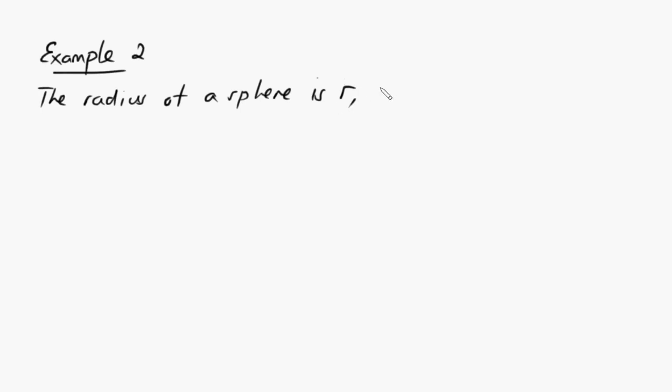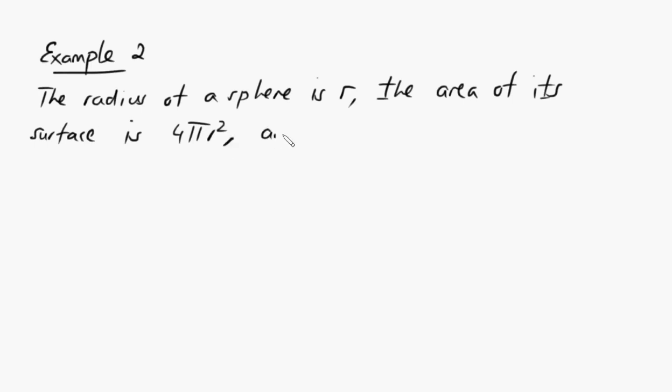The area of its surface is 4 pi r squared, and its volume is, this is a sphere now, not a cone. The one we have just done is a cone. It's 4 over 3 pi r cubed.